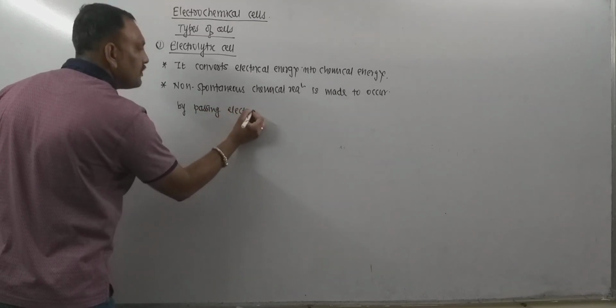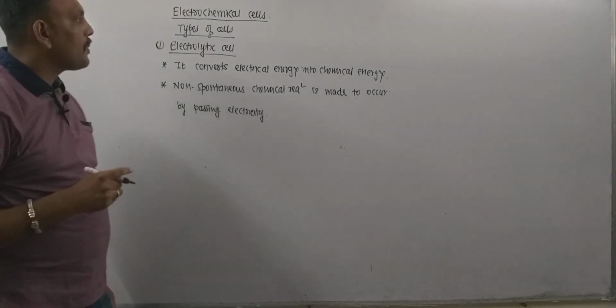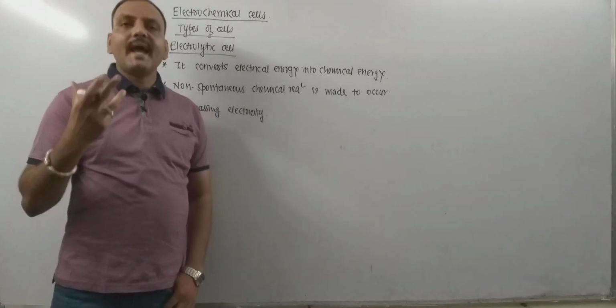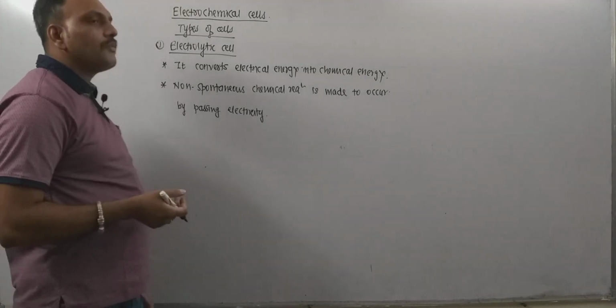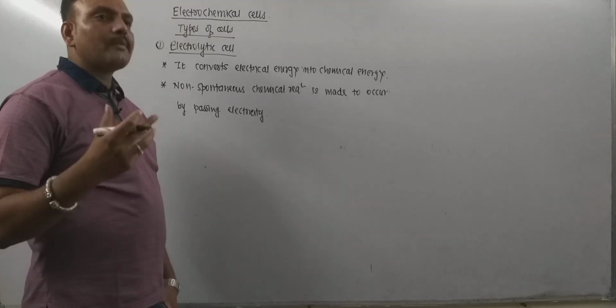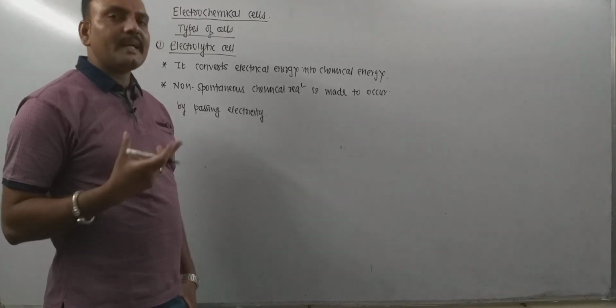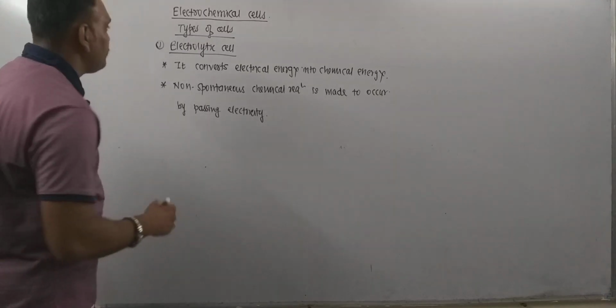This is the main big thing. And an electrolytic cell has a number of potential applications. For example, refining of metals, electroplating of metals, etc. These are the applications of the electrolytic cell.